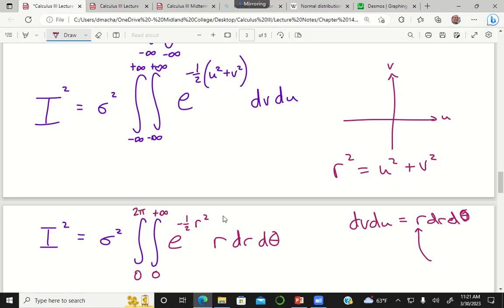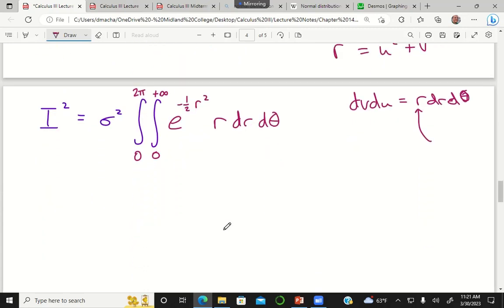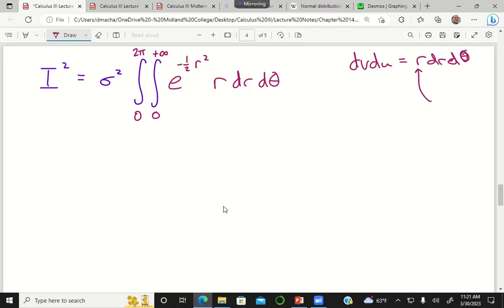And hopefully you can see that that region, which is the whole plane in polar coordinates, is equal to the region which is the whole plane in rectangular coordinates, from negative infinity to positive infinity for the u and v variables. Okay, so we're still integrating across the same region, this time in polar coordinates. Now I can do a w substitution, because I've already used u.